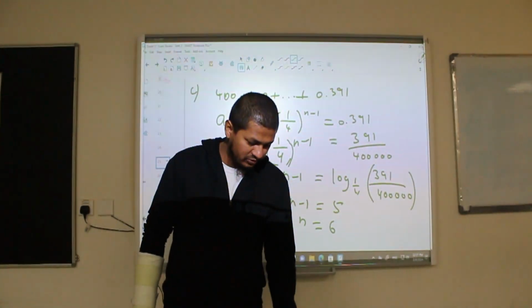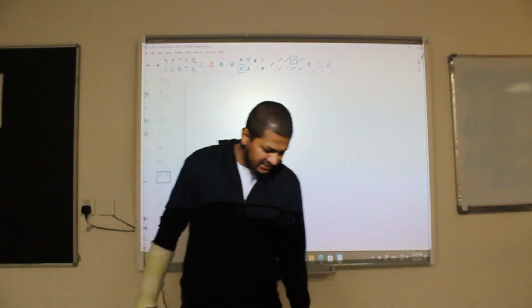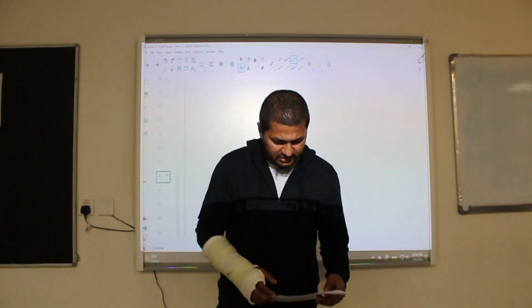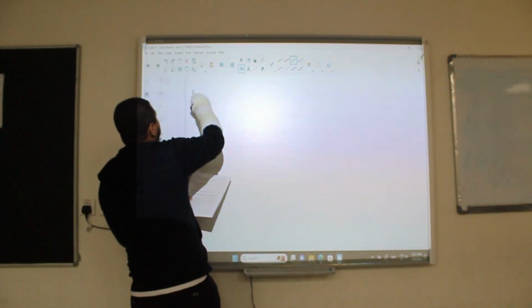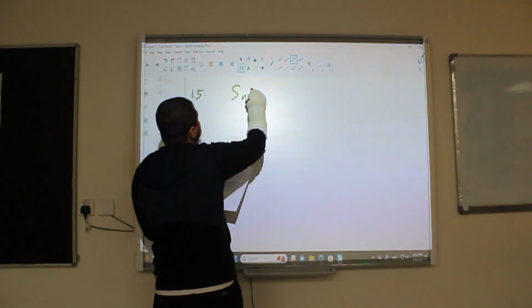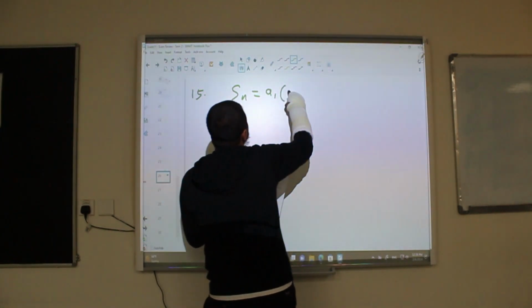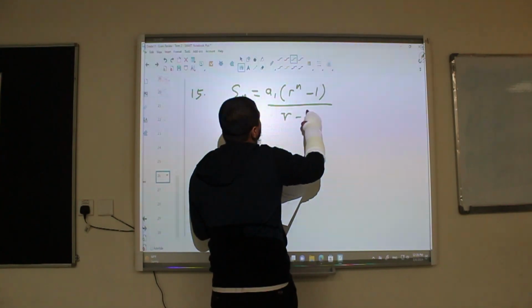Right, let's look at the next question. Question number 15 says the sum of a geometric series is 2351461. We know Sn is a1 times r to the power n minus 1 over r minus 1.